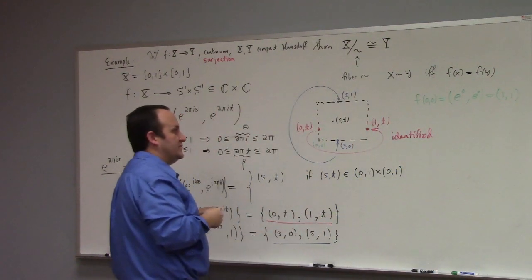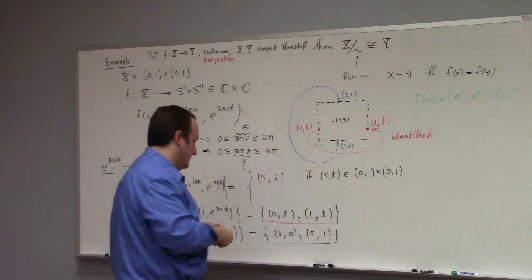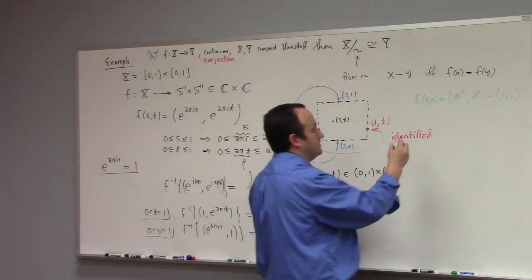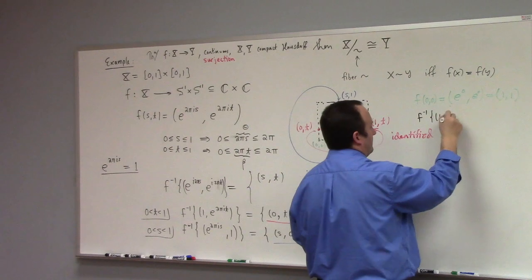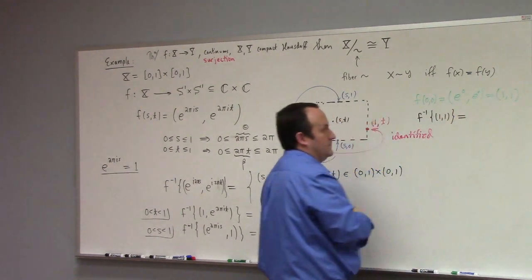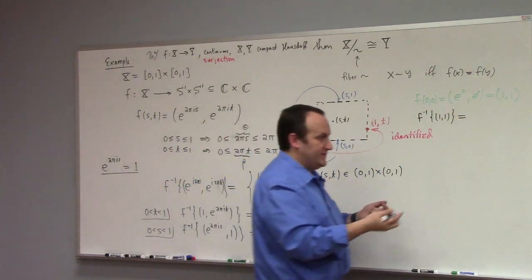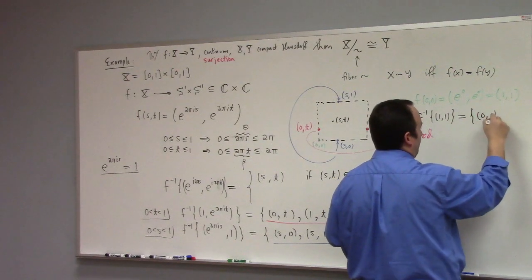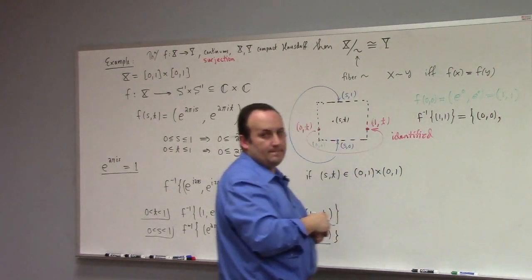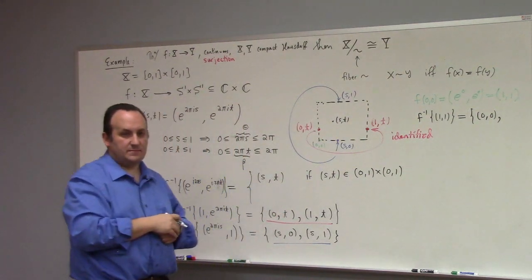So the question then is, what's the inverse image of (1, 1)? I mean, by construction, we already know it contains (0, 0), right? What else does it contain?